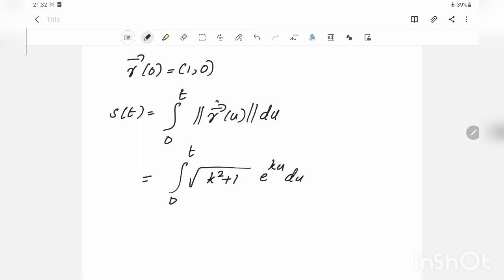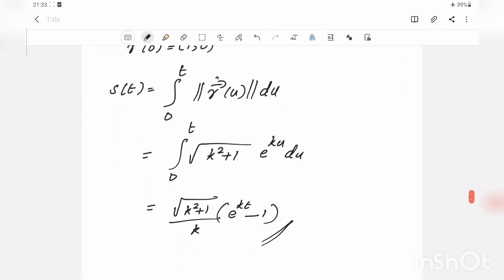And the integral is root of k square plus 1 divided by k, times (e raised to kt minus 1). Like this, we can find the arc lengths of different parameterized curves. Thank you.